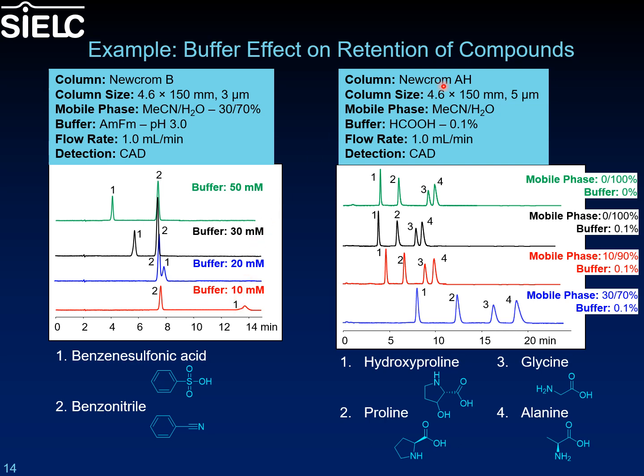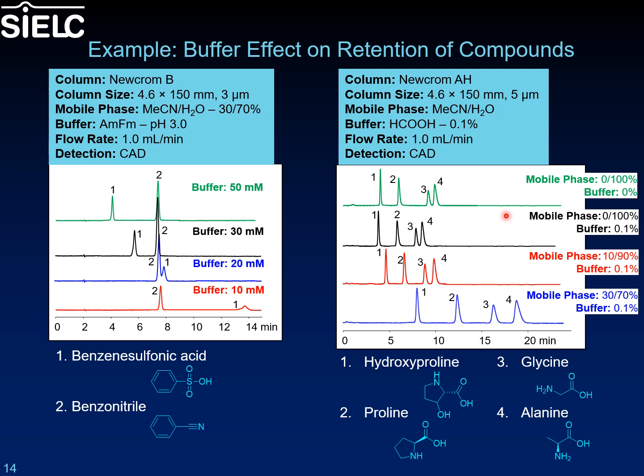Now, on the right-hand side, we are doing a separation of 4 amino acid-based compounds using a Newcrom AH column. The elution order can be rationalized by both polarity and hydrophobicity. The ionized group here is the amino group in all 4 structures, and the reason for the elution order has to do with the count of hydroxyl groups as well as the placement of alkyl groups with respect to the amino group.